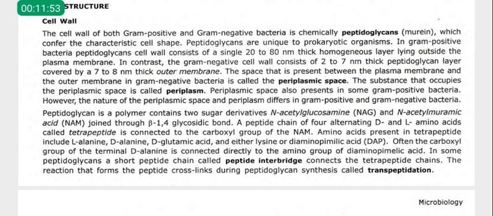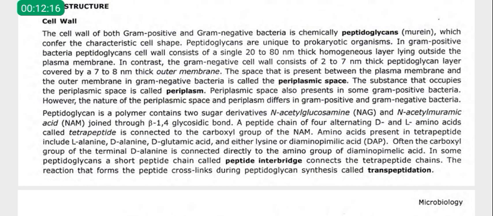Amino acids present in the tetrapeptide include L-alanine, D-alanine, D-glutamic acid and either lysine or diaminopimelic acid, DAP. Often the carboxyl group of the terminal D-alanine is connected directly to the amino group of diaminopimelic acid.